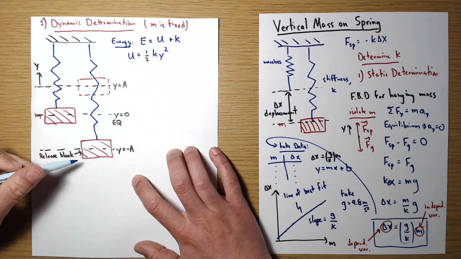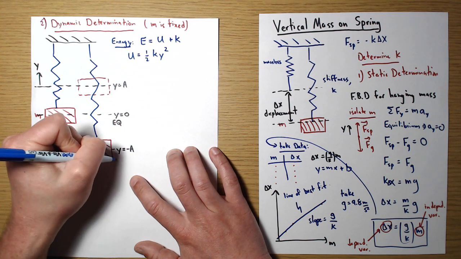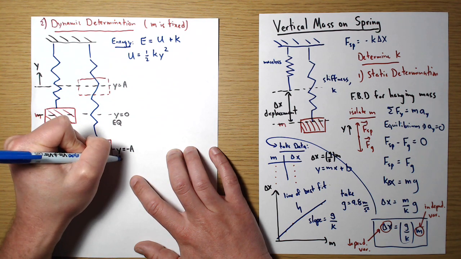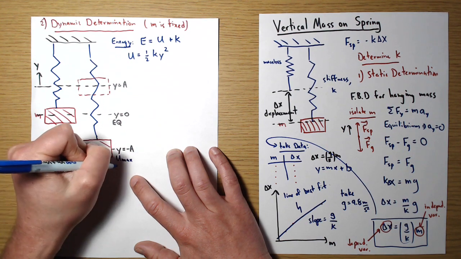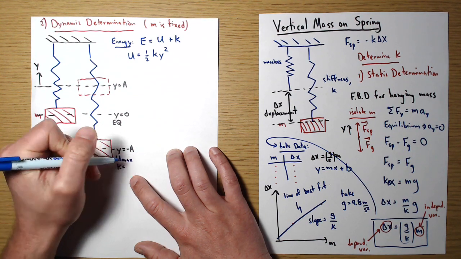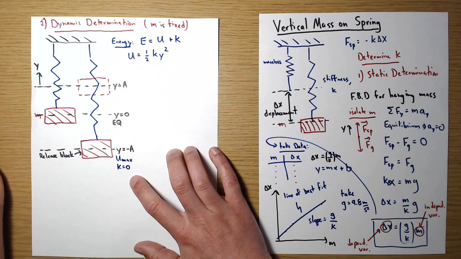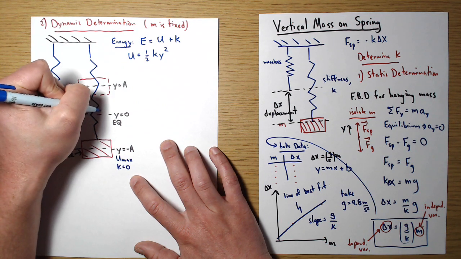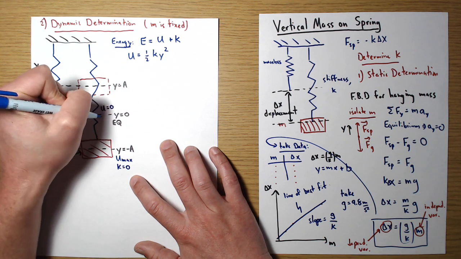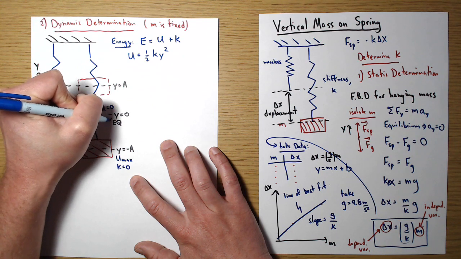At the bottom here, we have U max, maximum potential energy, but no kinetic. In the center, we have U equals 0, but maximum kinetic energy.